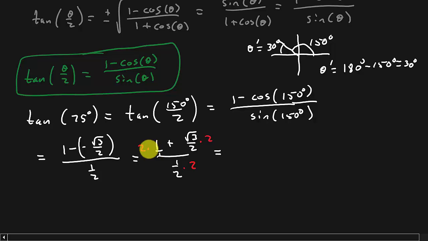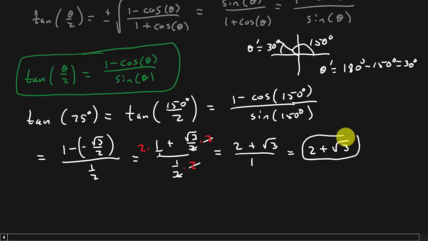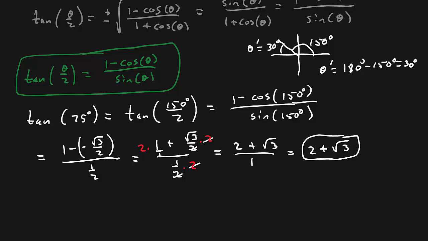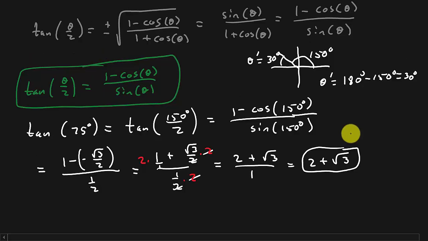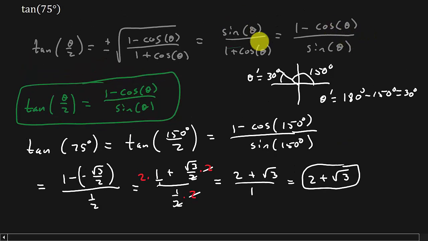This is going to give us 2 times 1 is 2, and this 2 cancels. And so that's going to give me plus square root of 3 over, and this 2 cancels, over 1. So that's going to be 2 plus square root of 3. And there's my answer.